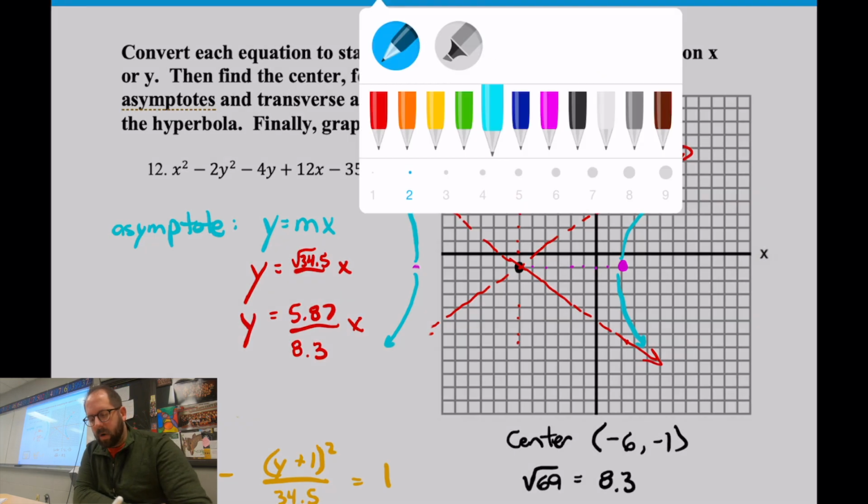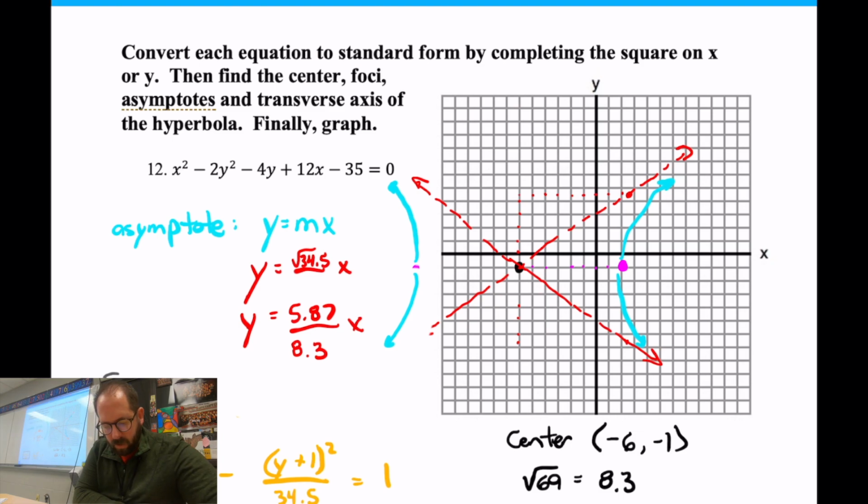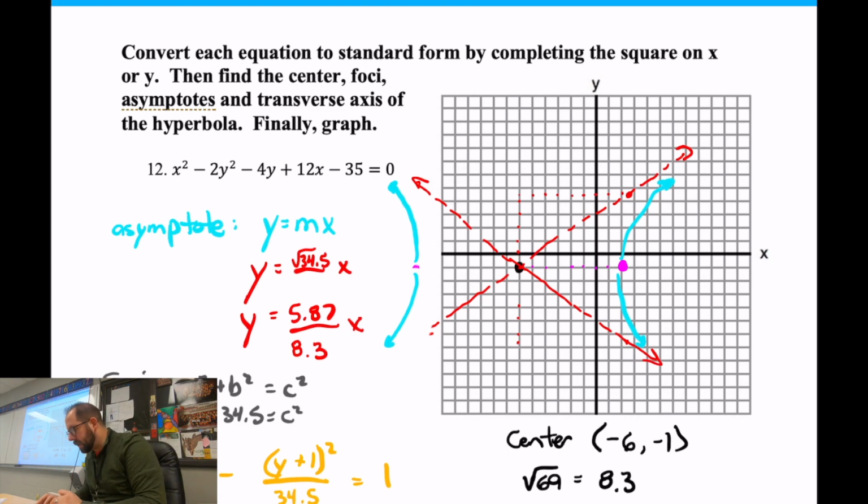Last thing, where are my foci? Anyone remember the foci formula? Yeah, it's the Pythagorean theorem, right? Your A and B numbers are the 69 and 34.5, and it doesn't actually matter which one's which because you're just adding them anyway. So 69 plus 34.5 is 103.5, and we have to take the square root of that number.